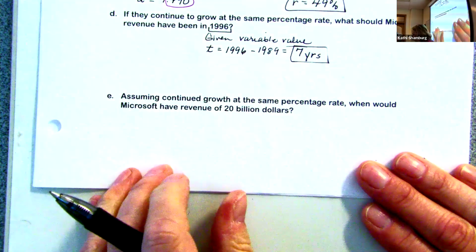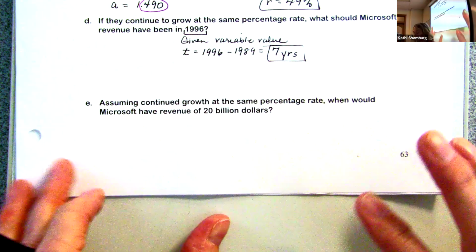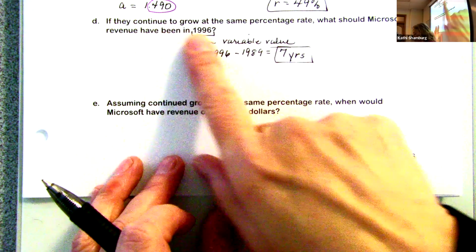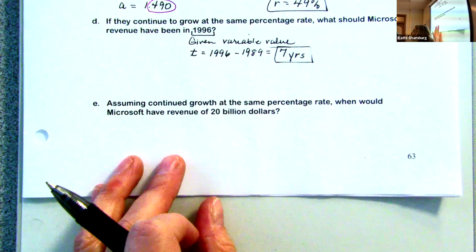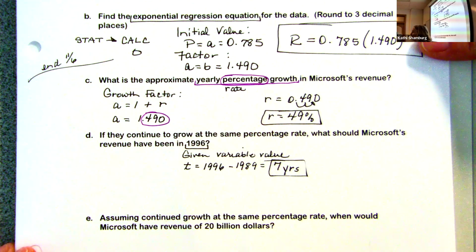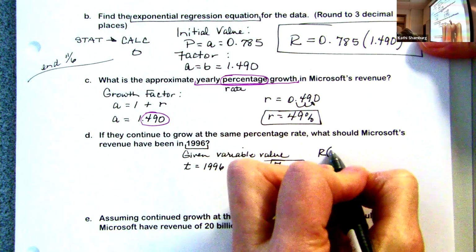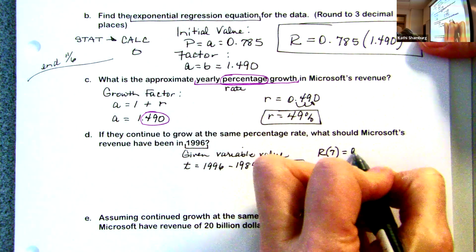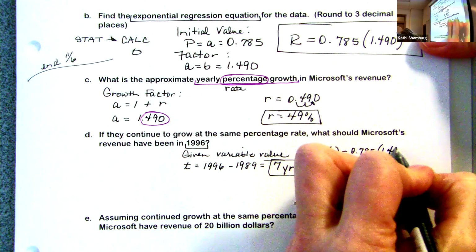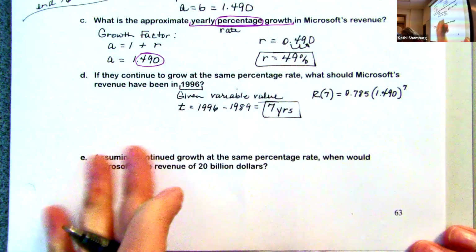Okay, so to find the actual answer to the question, because it didn't want just the 7 years, what am I going to do to actually find what their revenue is? So we're going to do R at 7 equals 0.785 times 1.490, and then we put 7 into that variable spot.